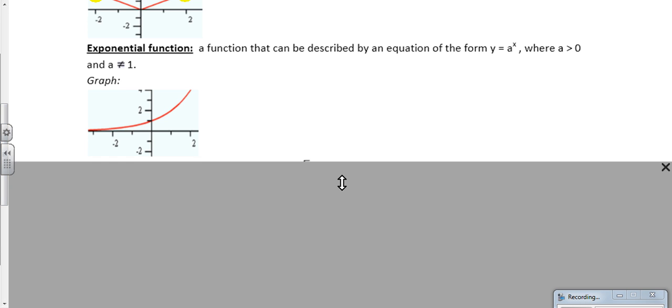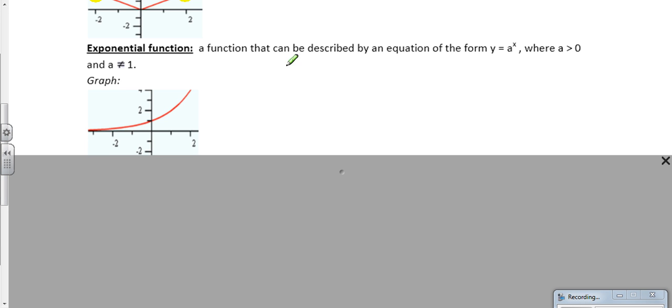Exponential function. A function that can be described by an equation of the form y equals a to the x power, and a has to be greater than 0, because again anything with 0 to any power is just 0, so it doesn't become a function, it becomes a point. So here we have an exponential function.